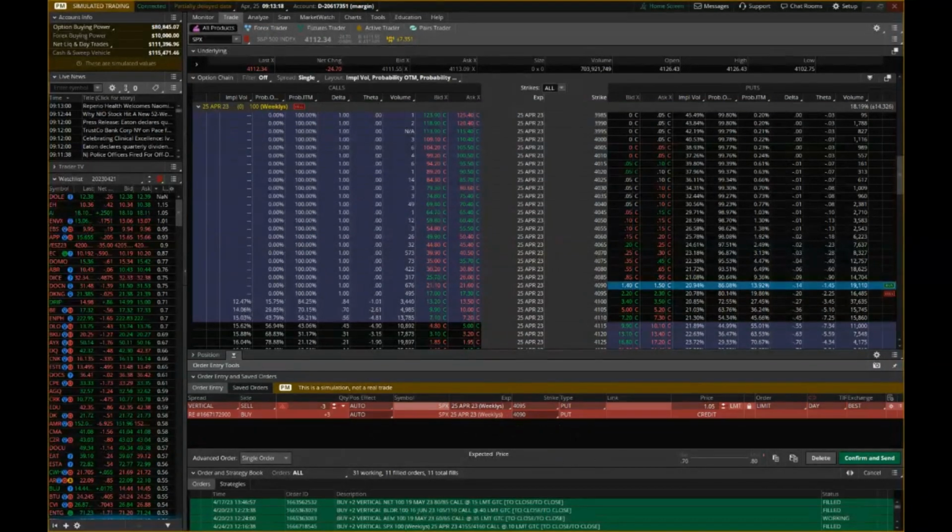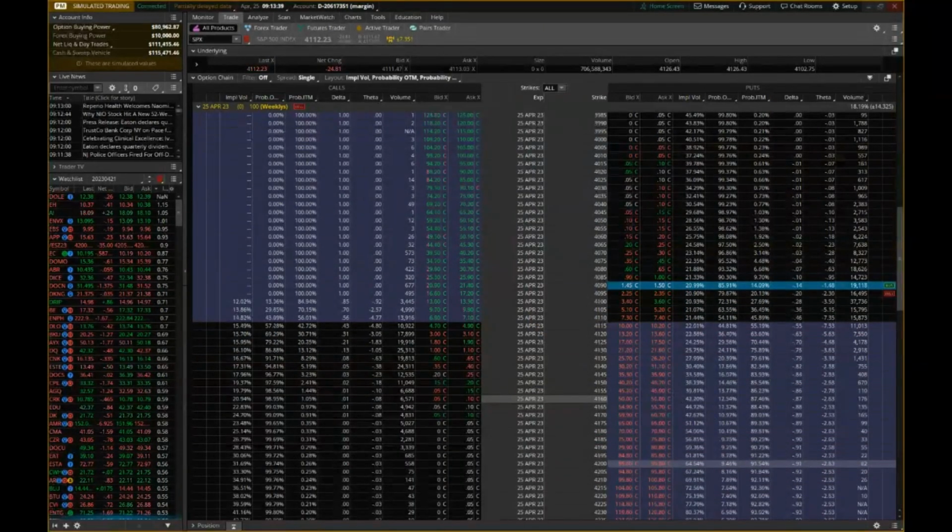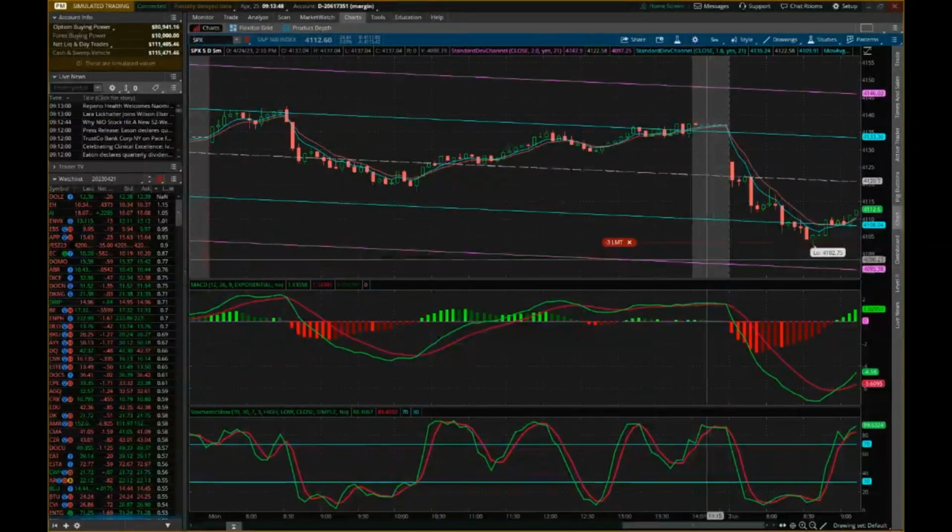So let's see. Usually it will say the expected price down here, but it's not. So I think it'll be around $1.35. So let's wait for the old one to cancel, the new one to be submitted. And we can go back to the chart. And yeah, see.